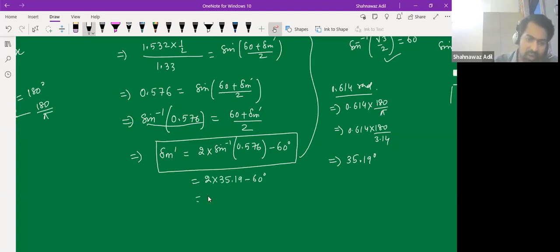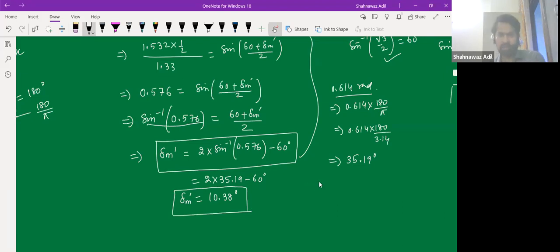If you put that value in here, in degree, how much would that be? 35.19 minus 60. So you will get 10.38. So this would be the new minimum deviation.